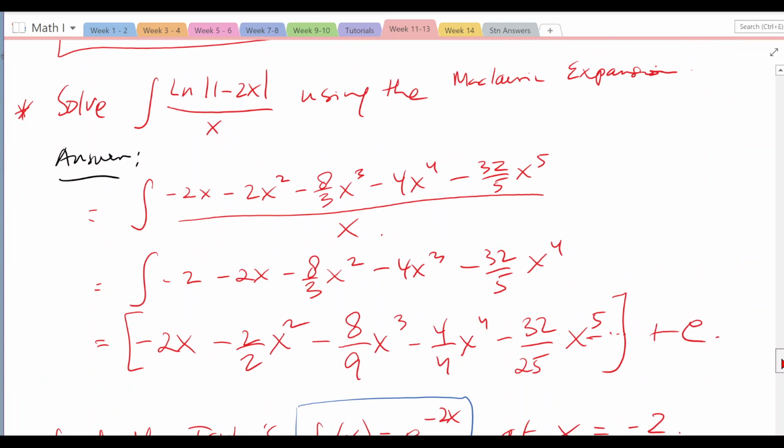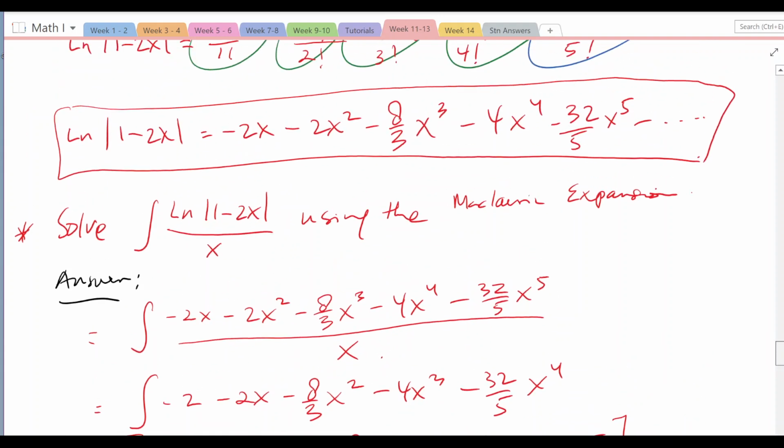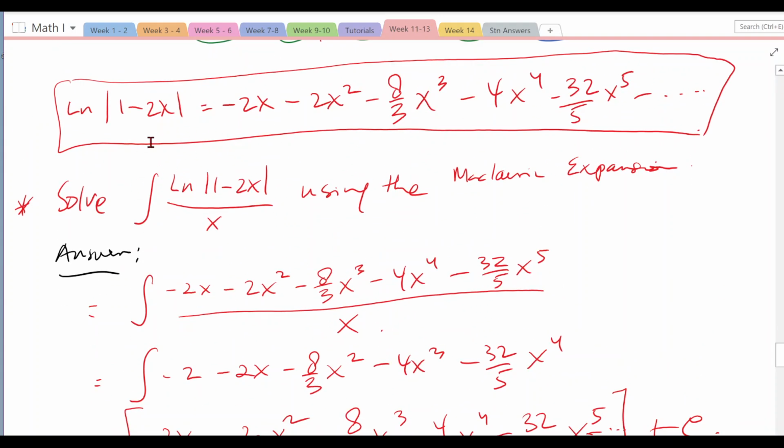The next question was asking us to solve the integral of ln(1 minus 2x) over x using the Maclaurin expansion series that we just did. So this is the Maclaurin expansion series of ln(1 minus 2x). We got negative 2x, negative 2x squared, and so on. You substitute that inside the integral: negative 2x, negative 8 over 3 x cubed, and so on.